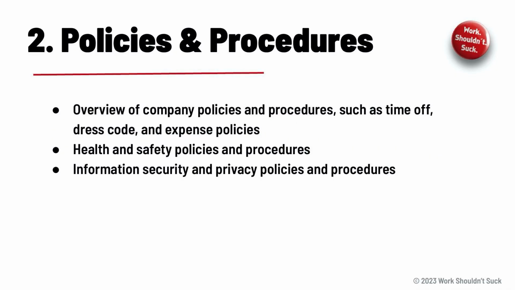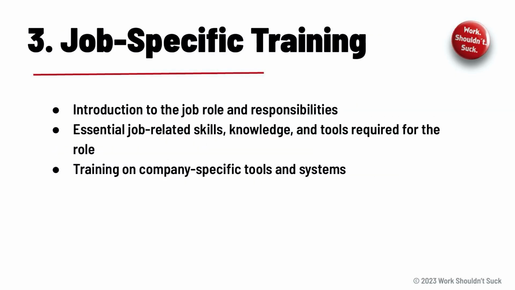Under bucket 2, policies and procedures, an overview of the company policies and procedures such as time off, dress code, expense policies, health and safety policies and procedures, information security and privacy policies and procedures.